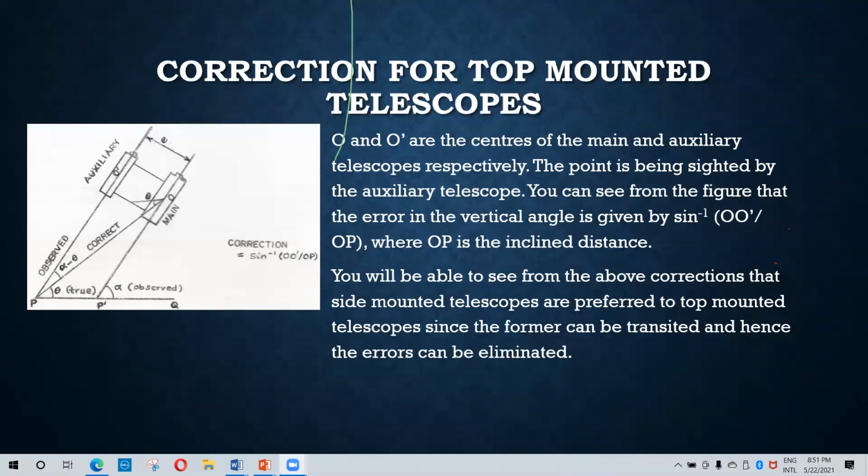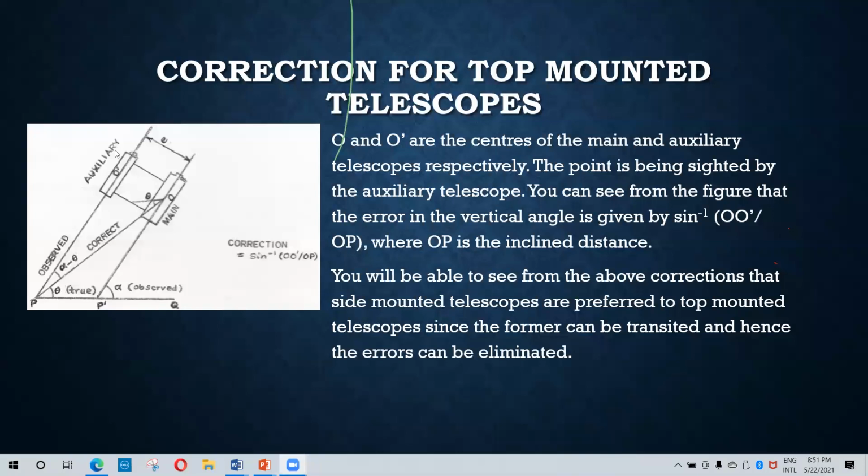Now, to get this correct angle, you have to do this correction. So you can read this. O and O dash are the centers of the main and auxiliary telescopes respectively. This O dash and O, right, are the centers. The point is being sighted by the auxiliary telescope.